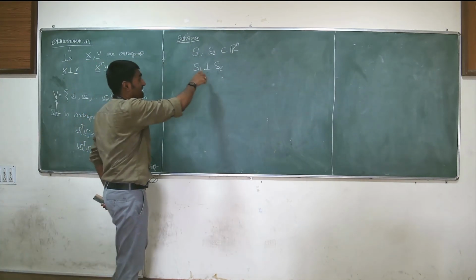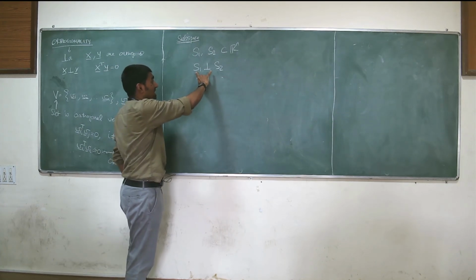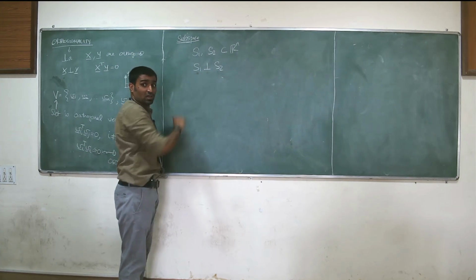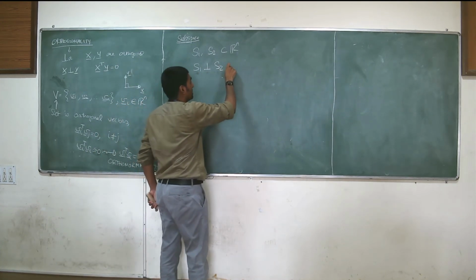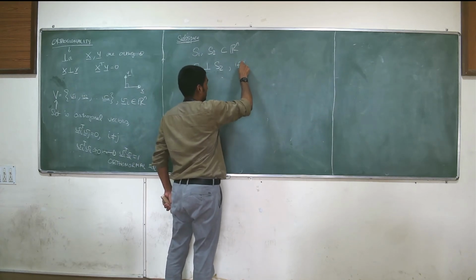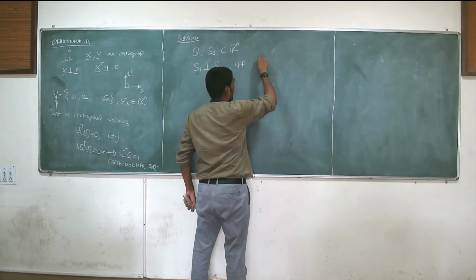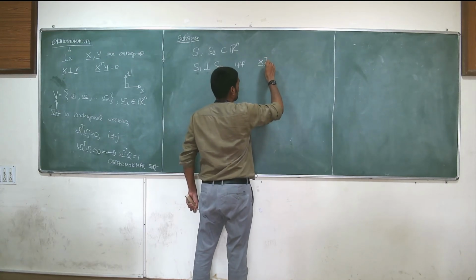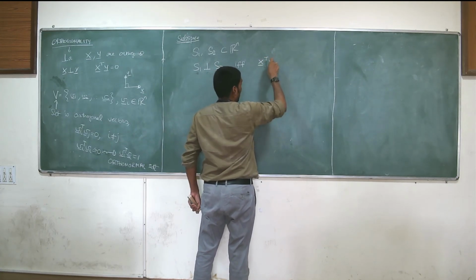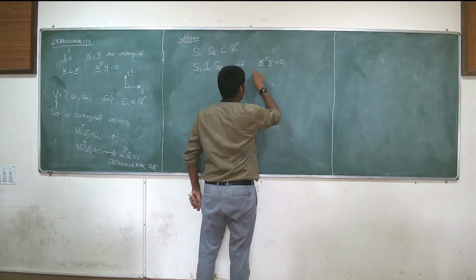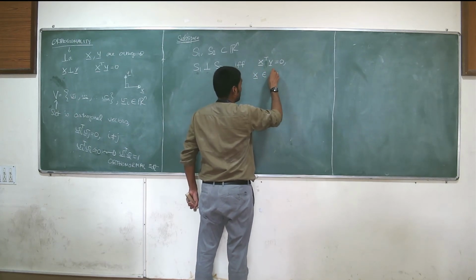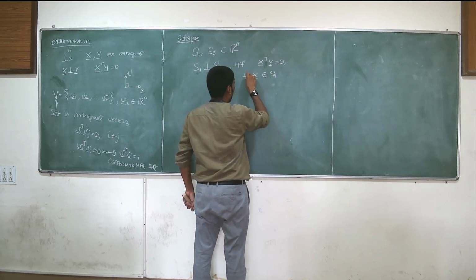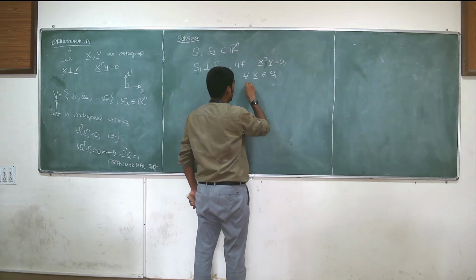We can extend that idea to subspaces and say an entire subspace is orthogonal to another subspace if x transpose y is 0 for all x from S1 and all y from S2.